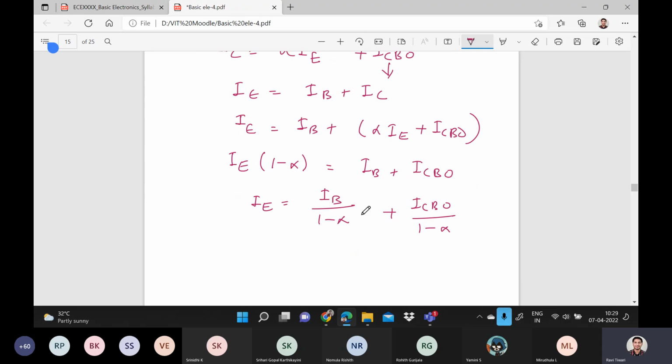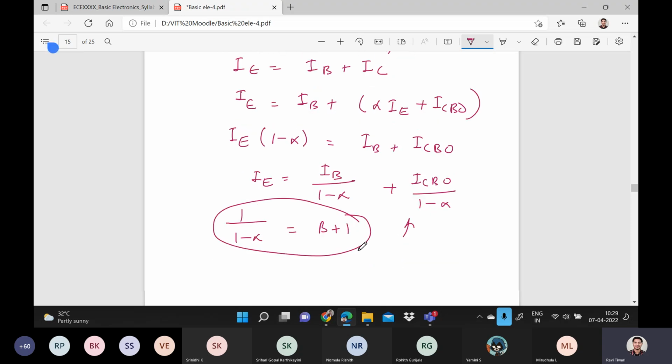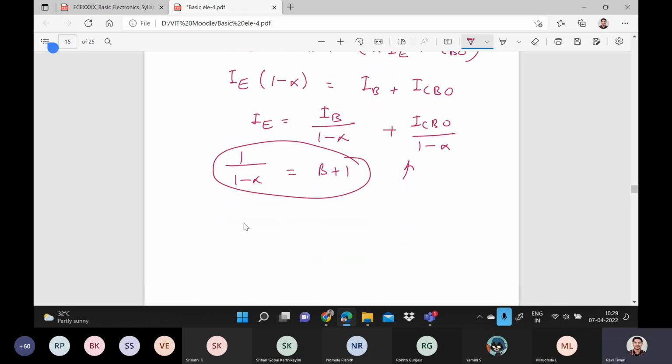And this 1 divided by 1 minus alpha is equal to beta plus 1. Okay, so you can substitute it here, and that will be IE equals IB multiplied by (beta plus 1) plus (beta plus 1) ICBO.